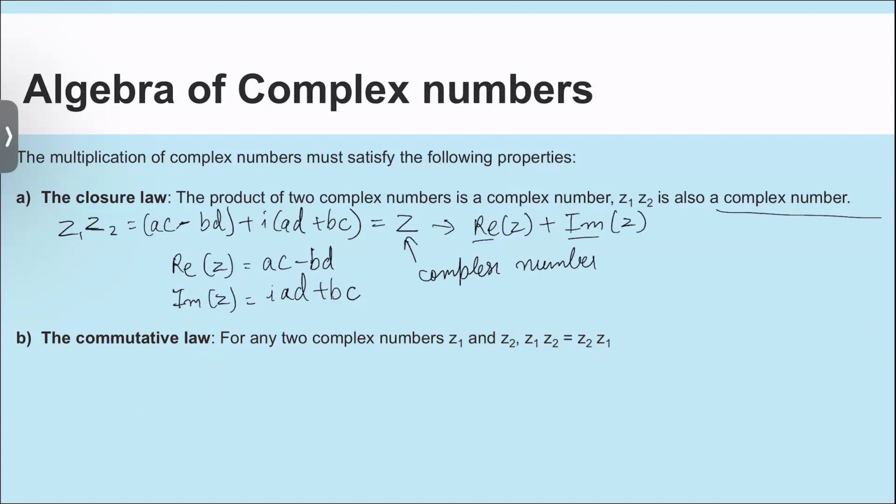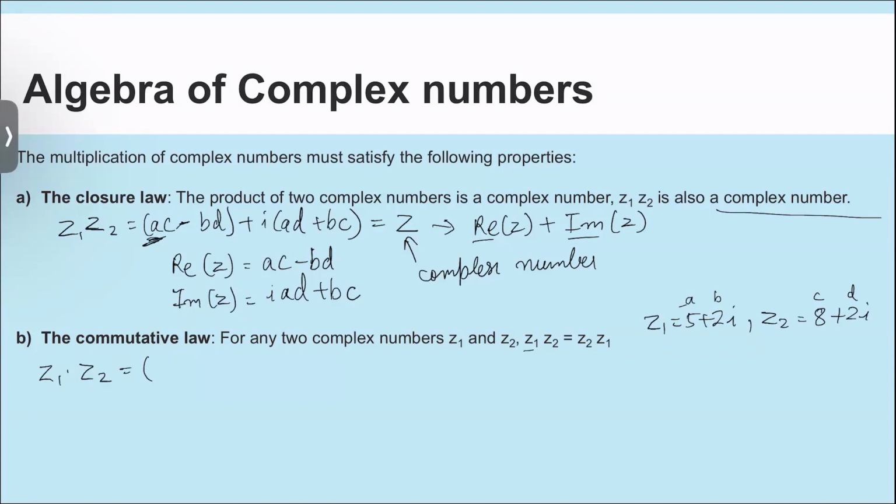Let's see the commutative law. Let's take an example where Z1 is equal to 5 plus 2i, and Z2 is equal to 8 plus 2i. Let us solve the left hand side first. We will find the product Z1 and Z2. Writing this in terms of A, B, C, and D, we substitute into the general form of the product.